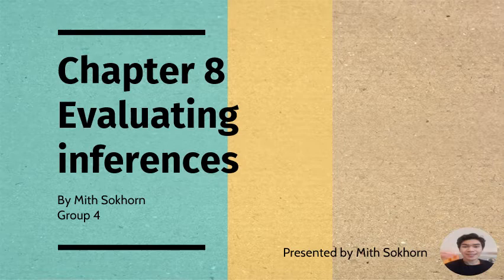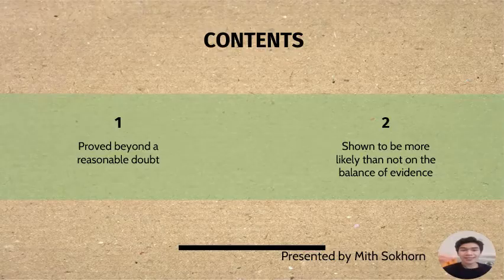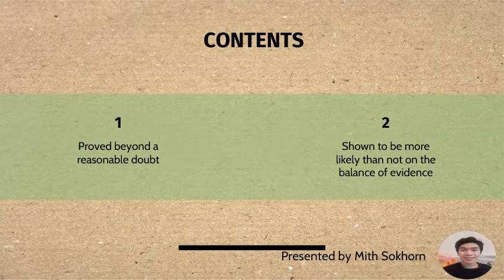The other two that I'm going to bring up in this clip are: one is proof beyond a reasonable doubt, and the other is shown to be more likely than not on the balance of evidence.